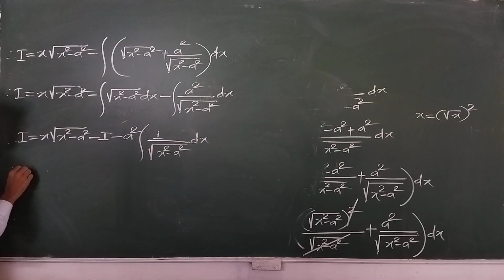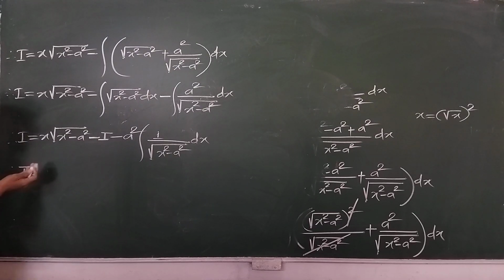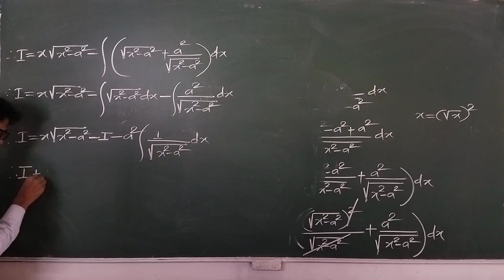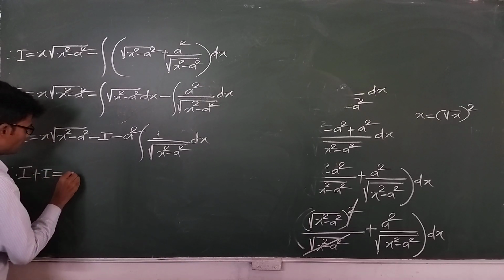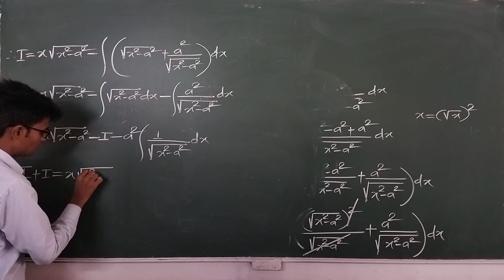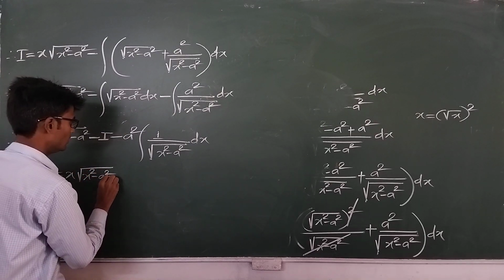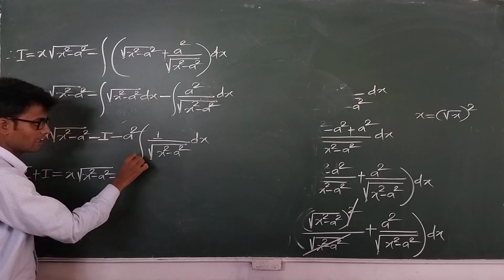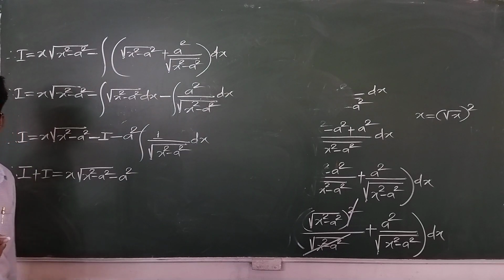Now, to take this minus I to this side, you make I and I together. So I plus I is equal to x into square root of x square minus a square minus a square, right? See, integration of 1 divided by square root of x square minus a square into dx.